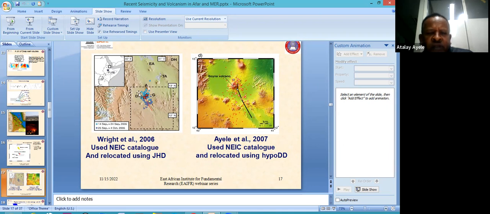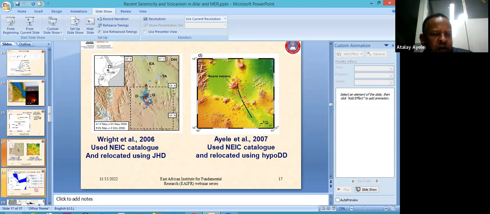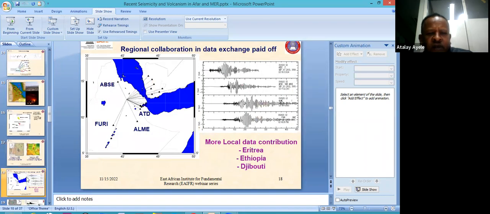We first thought that the dike started from the north, but later, with more data coming from the countries I mentioned, like Asmara, Djibouti, and Yemen, we managed to locate the source of the dike in the middle of the segment. And strangely, an unusual low frequency rumbling always followed the seismic signal, which is indicative of magmatic activity in the region.